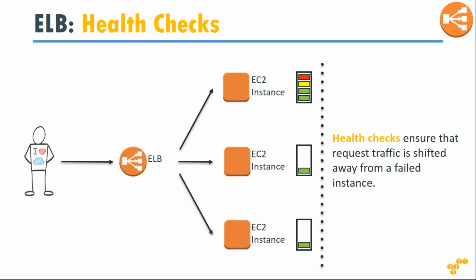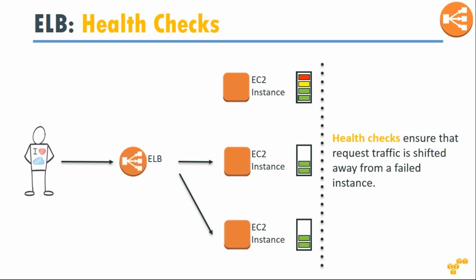That means its CPU or memory is going high; it is not performing very well. The load balancer will notice this and stop sending traffic to that instance. So that traffic has to be rerouted to the other instances, and you can see the load increasing on the other 2 instances proportionally.